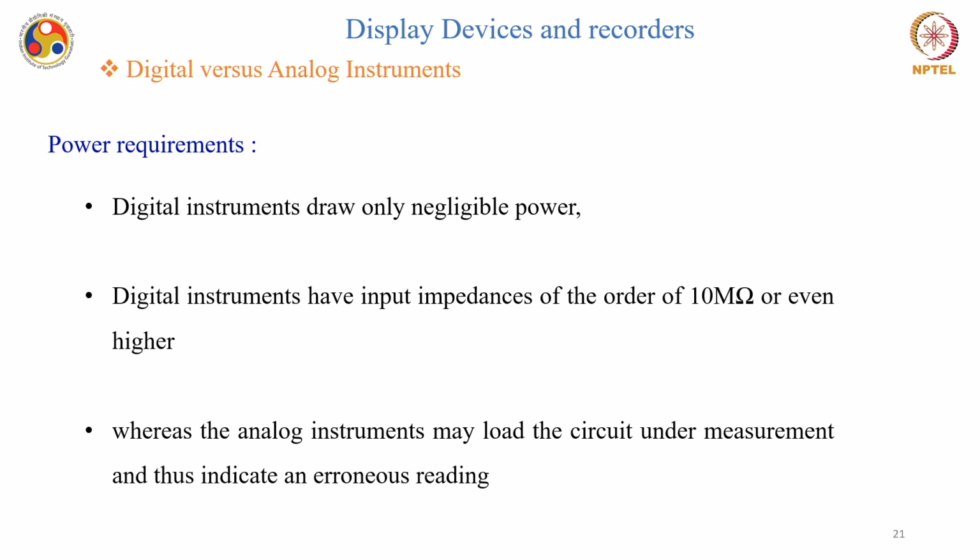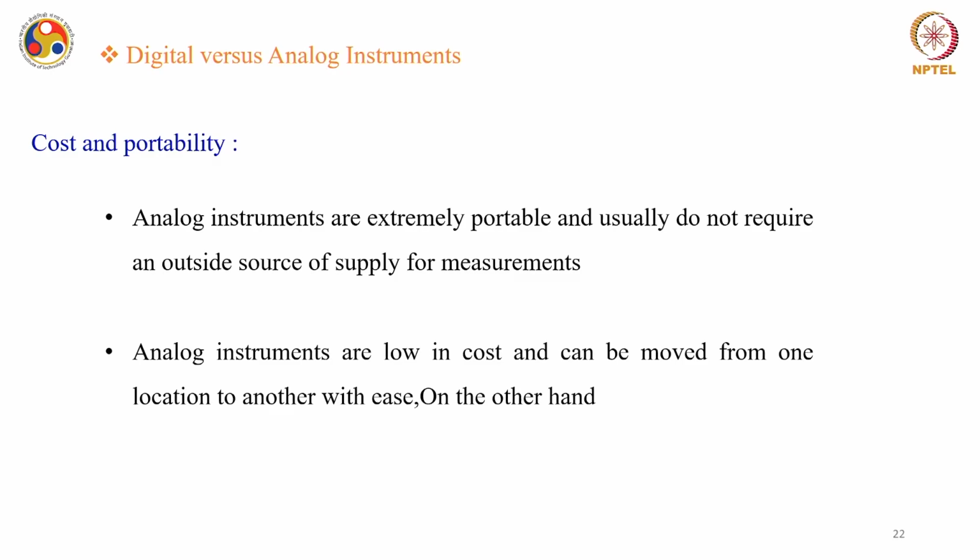We have seen this with several examples of voltmeters and ammeters in our discussion in module 2, where we have seen that all the instruments like moving iron and electrodynamometers can be converted to ammeter or voltmeter, but they can load the circuit in which they are being connected.